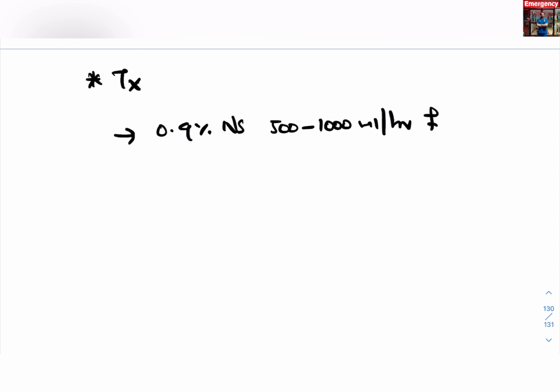Moving on to the treatment part. You can dilute the calcium ions with 0.9 percent normal saline. You can give 0.9% normal saline 500 to 1000 ml per hour for 2 to 4 hours. Then you can also give diuretics like furosemide.